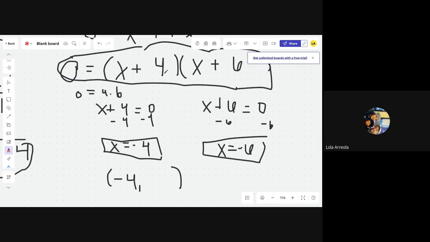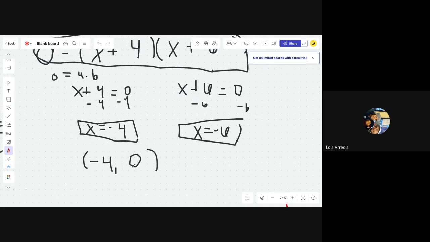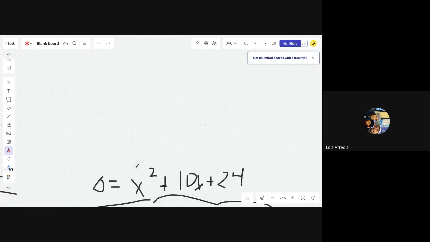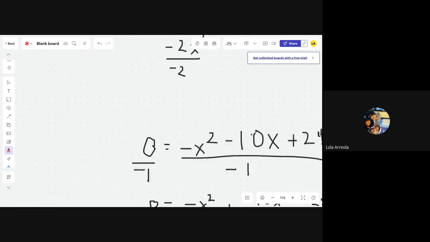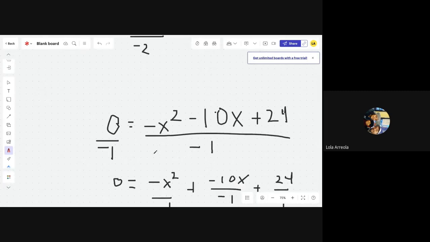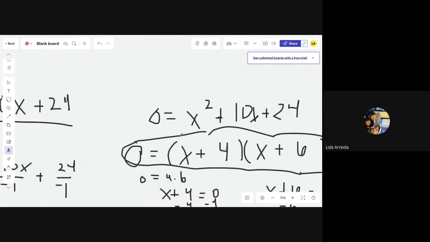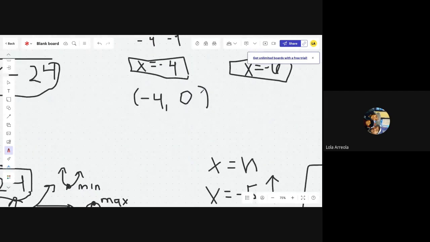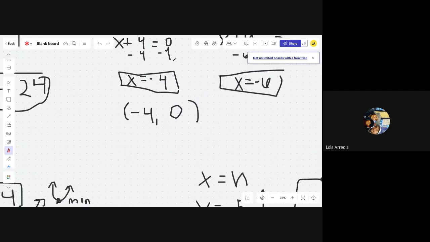Negative 4 plus 4 is 0 times whatever this is. Anything times 0 is 0. So my y is 0. X-intercepts are when y is 0. That's why in my first step, I set y, my function, equal to 0. That was the very first thing I did, because I want to find values of x that make my y 0.